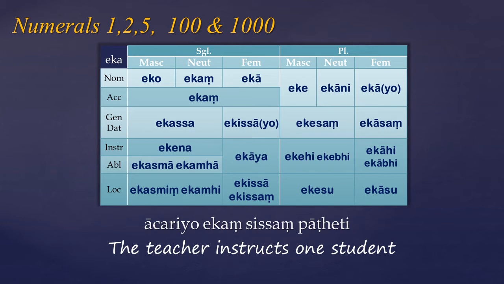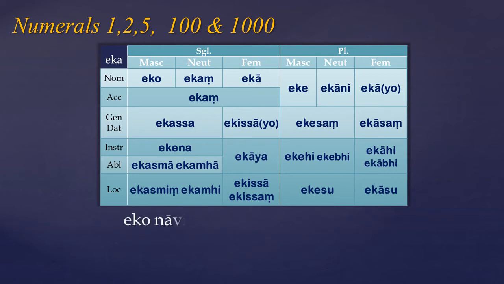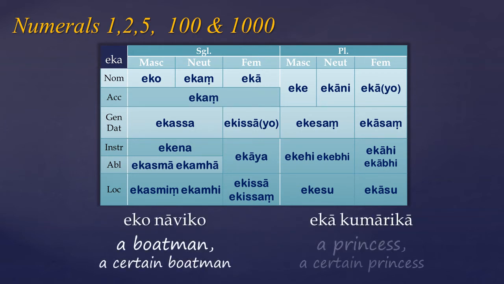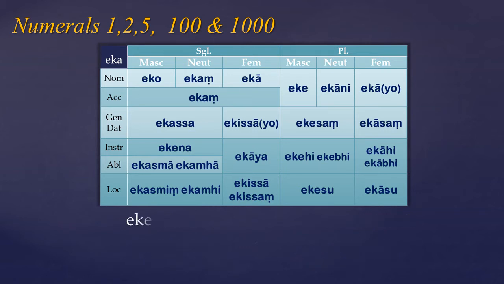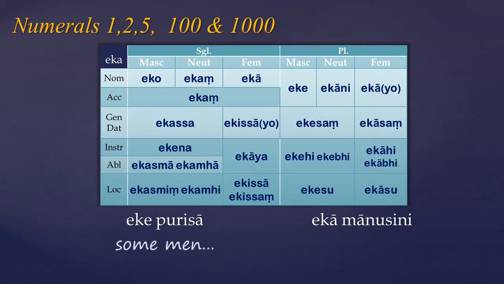But it also can be used more pronominally, often with an indefinite sense, so in the singular it's like an indefinite article, or a certain. And perhaps counterintuitively, in the plural, eka means some men, some women.